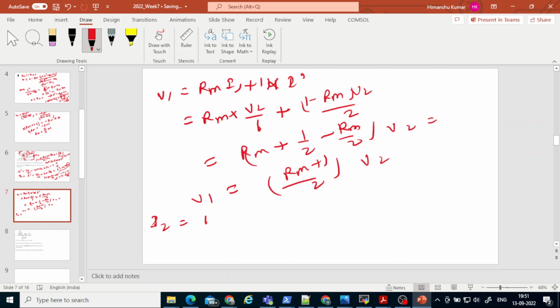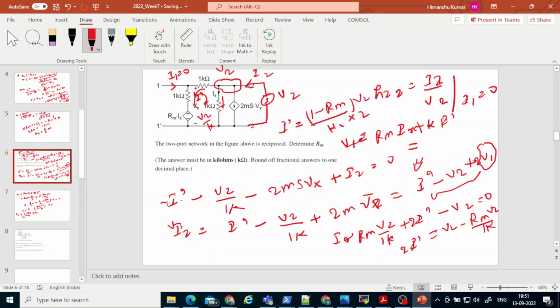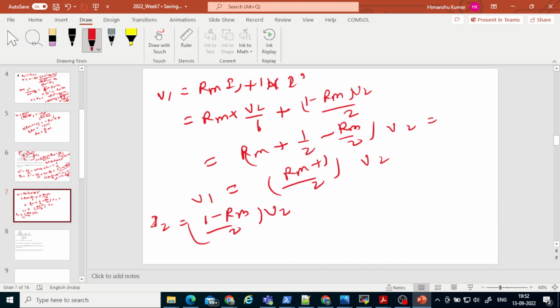It is 1 minus Rm by 2 times V2, minus V2, plus 2 times V1. So 2 times V1 will be equal to 2 times Rm plus 1 by 2 times V2.